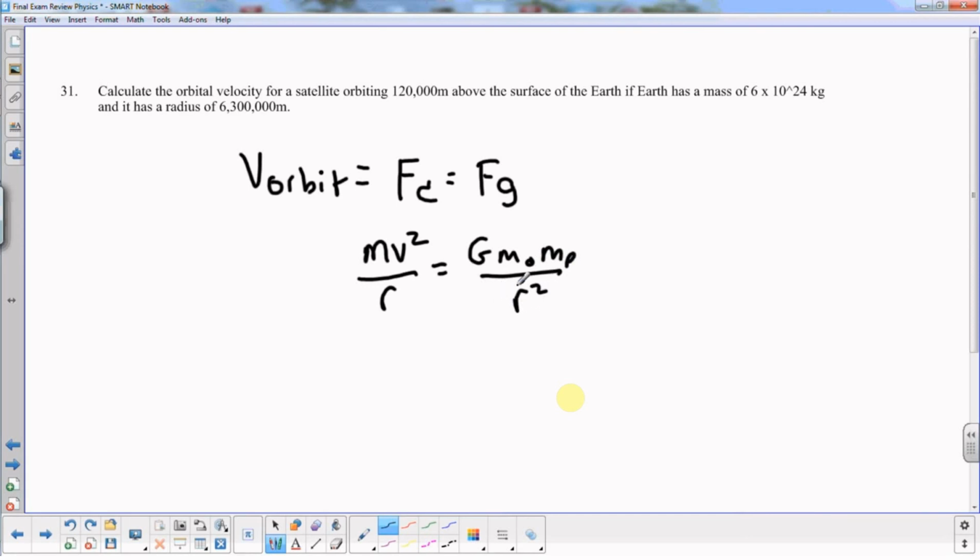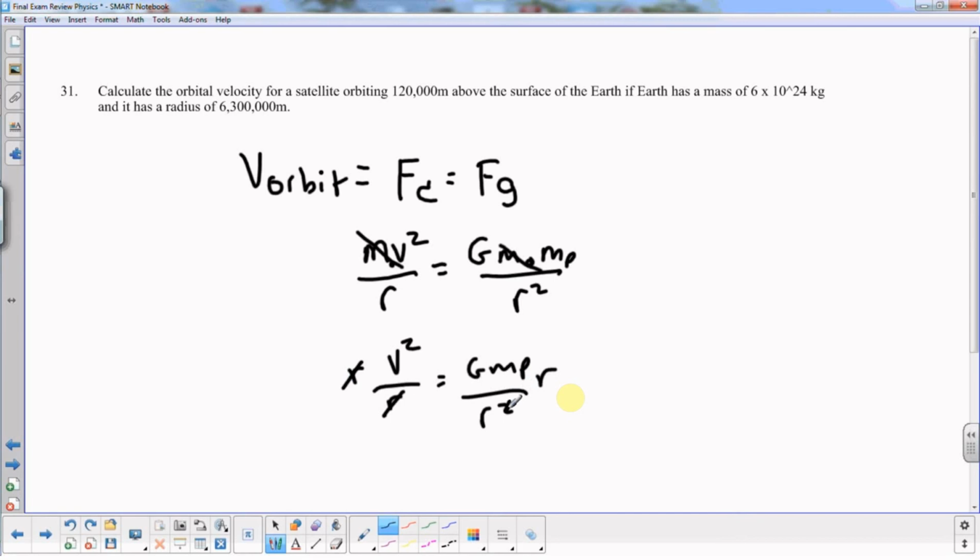This is also mass of the object because it's the mass of the thing going in circles. The mass of the objects cancel out. So v squared over r equals big G mass of the planet over r squared. If I want to get rid of this r, I would multiply it by r, cancel, cancel. That goes away.